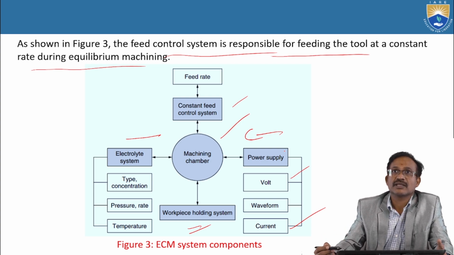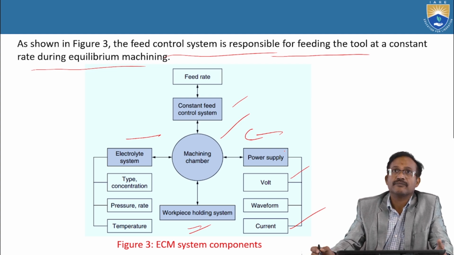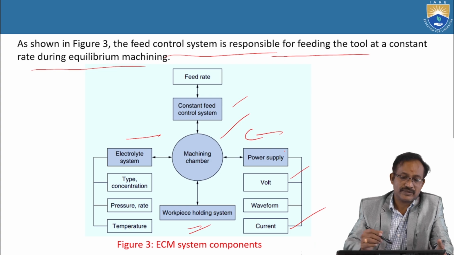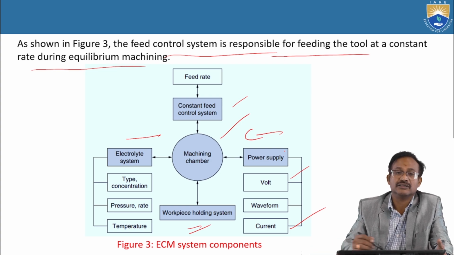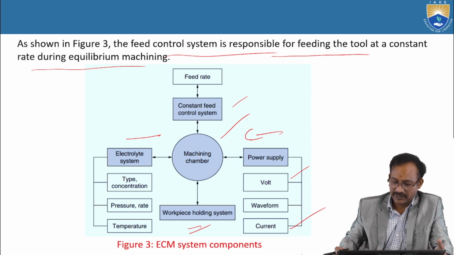which significantly play a role in the electrolyte flow system and all this. So the electrolyte system has these: temperature, pressure, rate, and type, concentration.